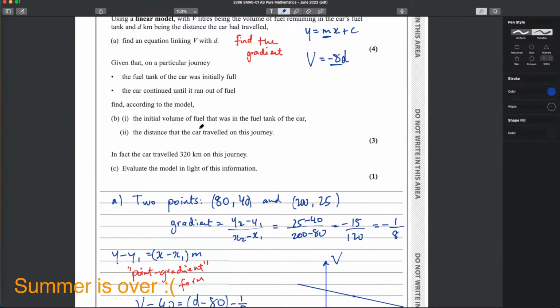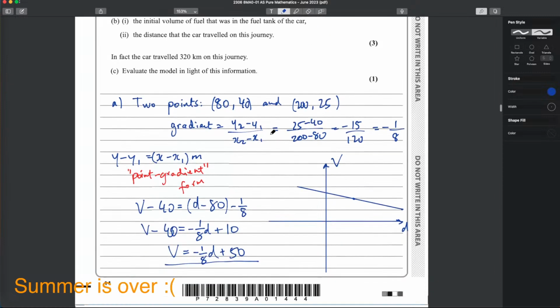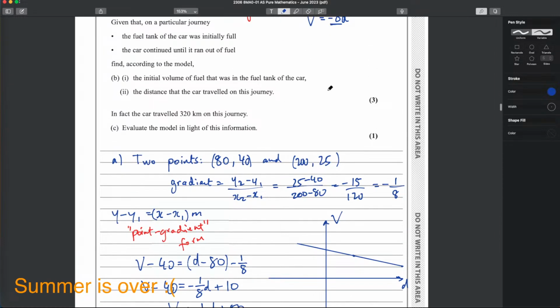Well, I've already solved it. The distance that the car travelled on this journey, that's going to be the x. This is the y-intercept. This is the x-intercept, right?